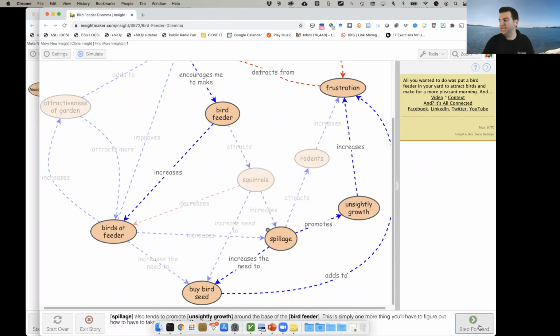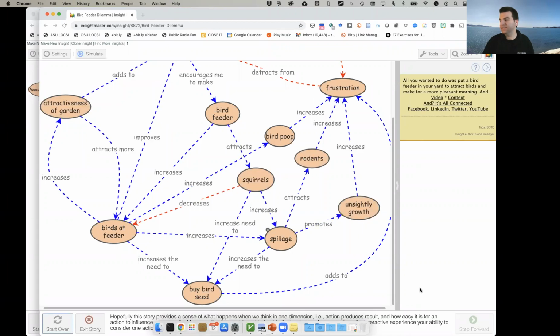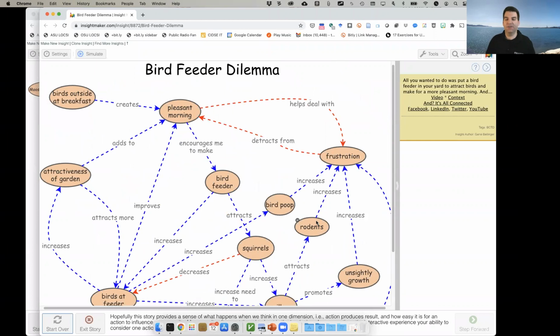So basically, once I go through all of this, I find that I get this ugly web of causality where it is not completely clear whether the intervention that I suggested, buying a bird feeder, actually improves the situation. On a small scale, if you only look at one causal link, you can tell whatever story you want to tell.